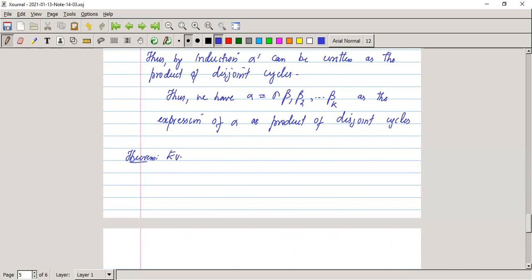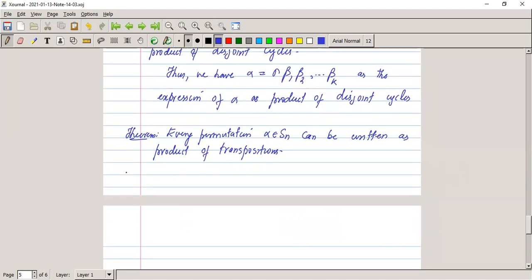Every permutation alpha in Sn can be written as a product of transpositions.